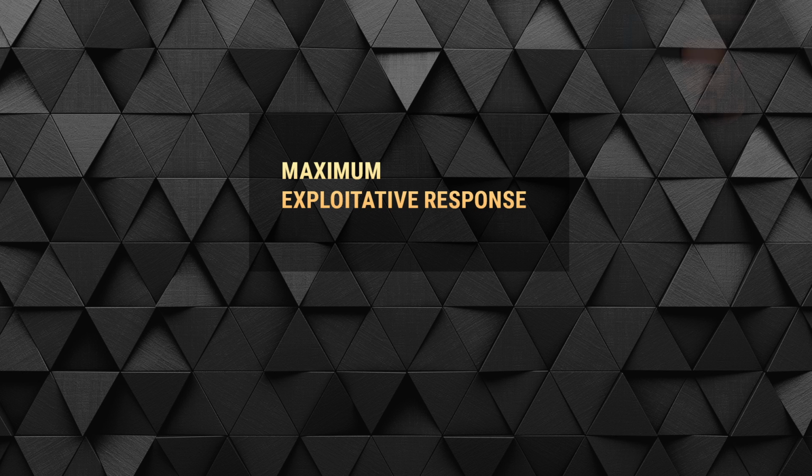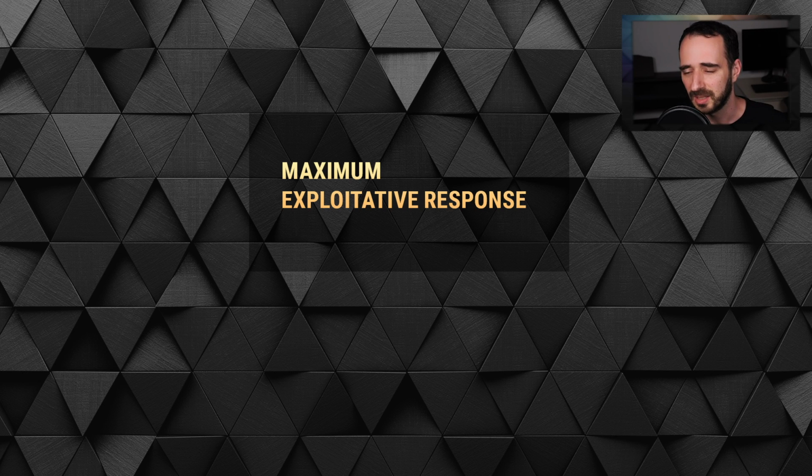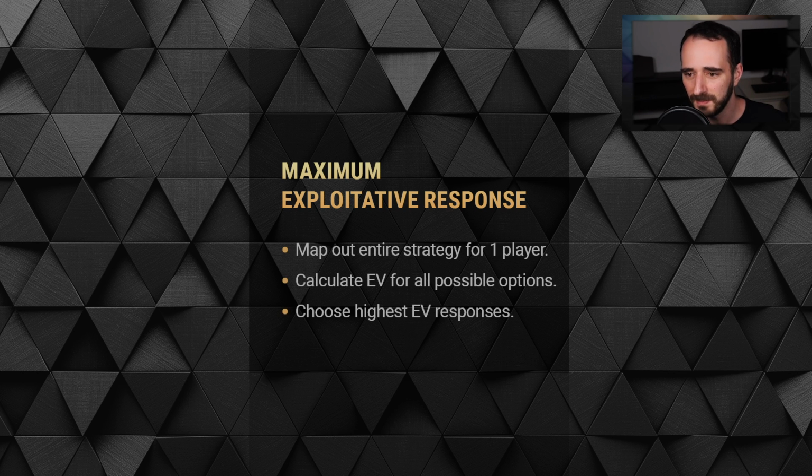Okay, so to understand how solvers work, the first thing you need to understand is about something called max exploit. Max exploit means that given that you know one player's complete strategy, you calculate the best exploitative response, the best possible highest EV response to that.